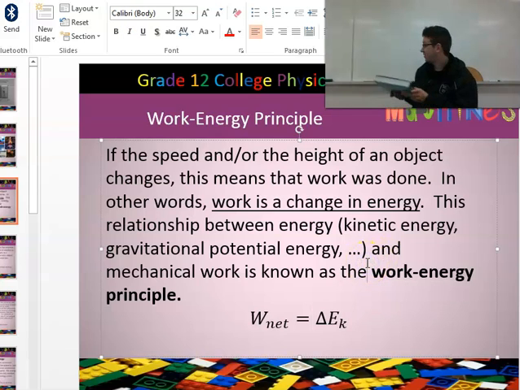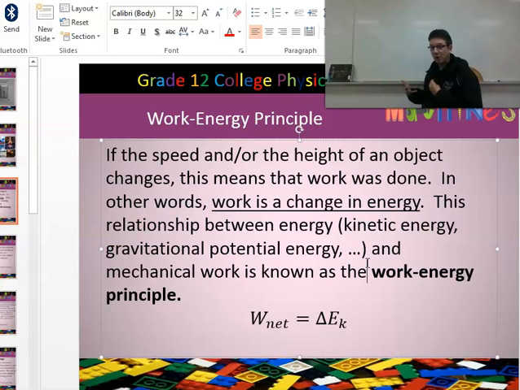However, if I were to put it here and push it, initially my applied force is greater than the force of kinetic friction, so I'm able to accelerate it. I'm doing more positive work than kinetic friction is doing negative work. So my net work is positive, its kinetic energy is increasing.